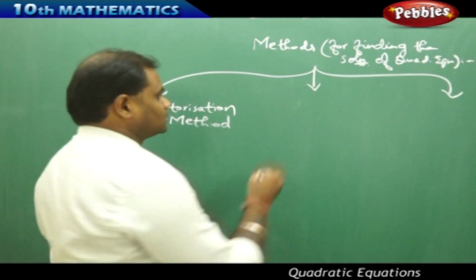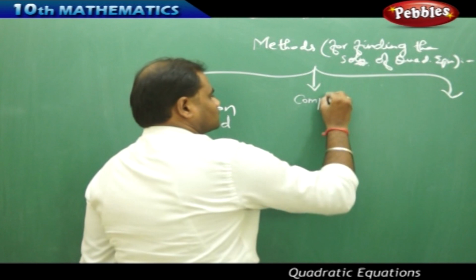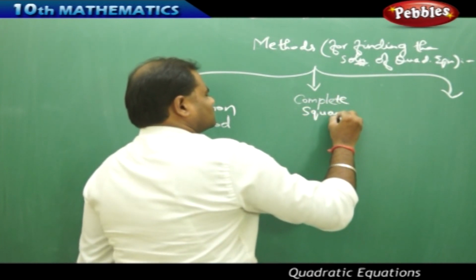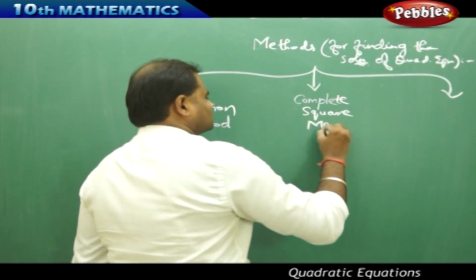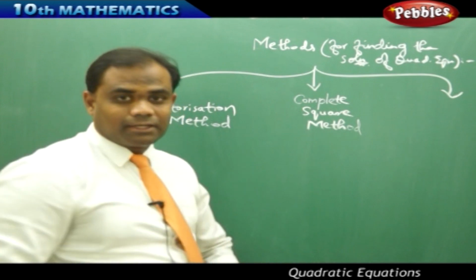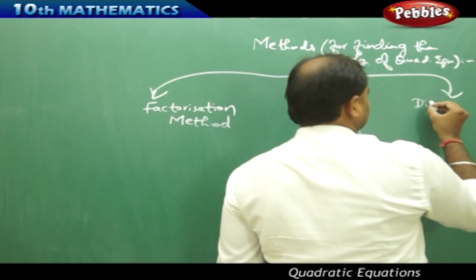And secondly, the complete square method, and thirdly, it is the discriminant formula method.